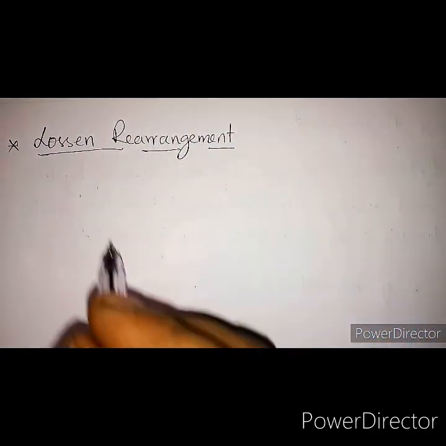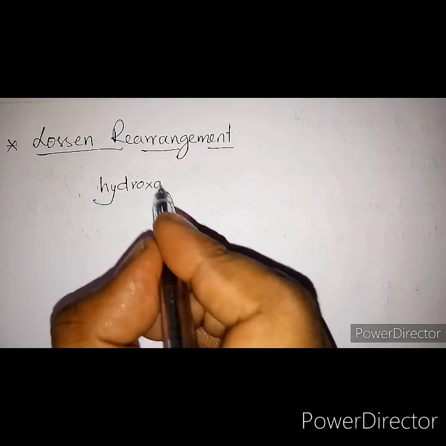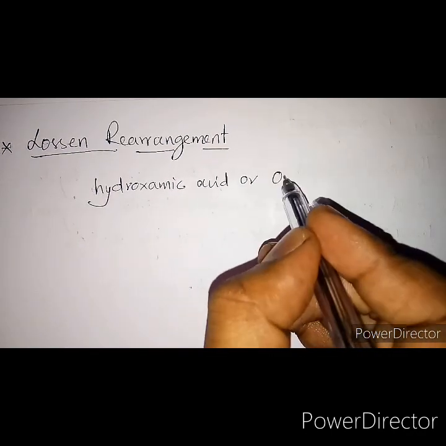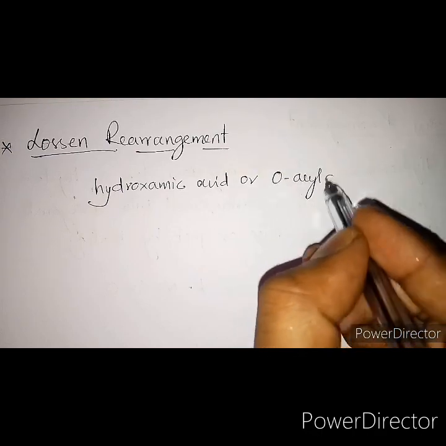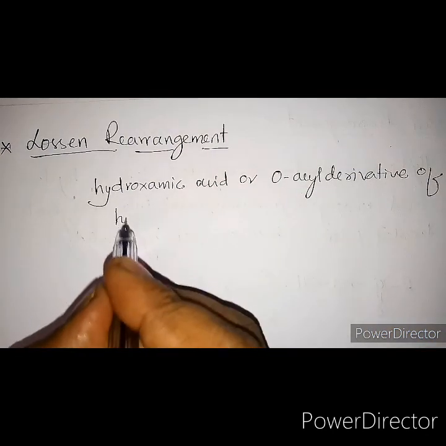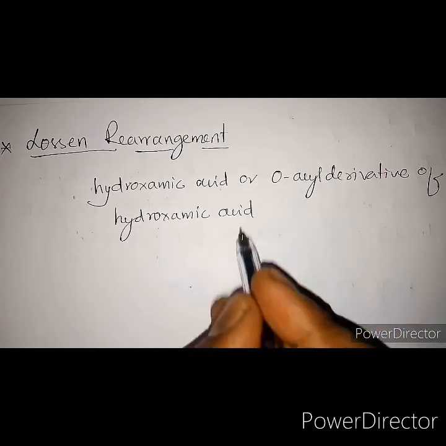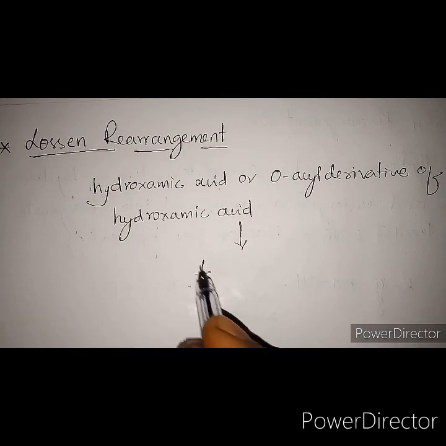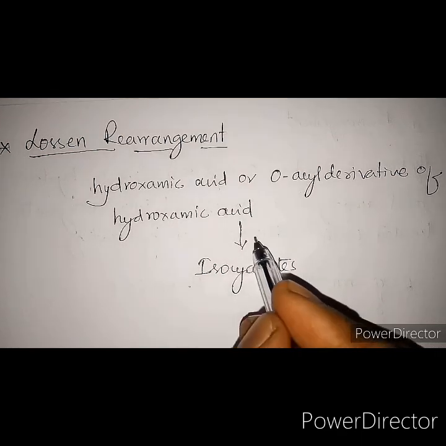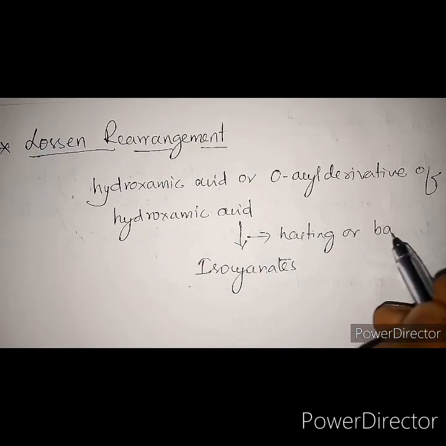This rearrangement involves the conversion of hydroxamic acid or O-acyl derivative of hydroxamic acid into isocyanates just by heating or by using a base.